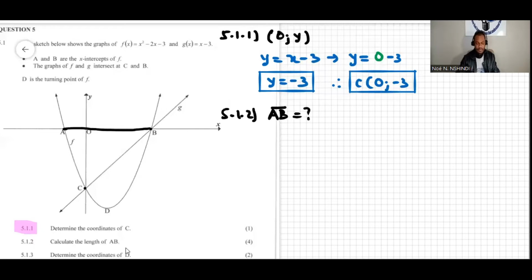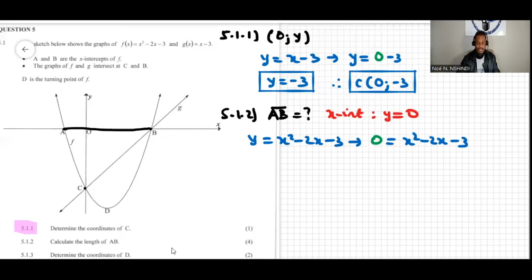The x-intercept simply means we're going to make y equal to 0. Now f is given by y is equal to x squared minus 2x minus 3. So we are going to sub in the value of y. Y is 0, we sub 0 there.